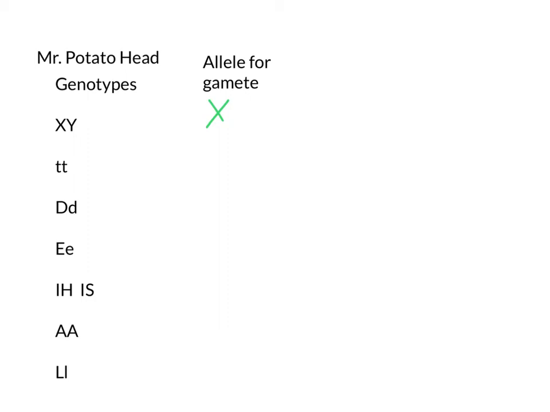It's always going to be a lowercase t. So I'm going to go ahead and record that. Lowercase t for the second trait. For the third trait, I rolled a tails. So Mr. Potato Head will donate the right hand allele, which is a recessive lowercase d.